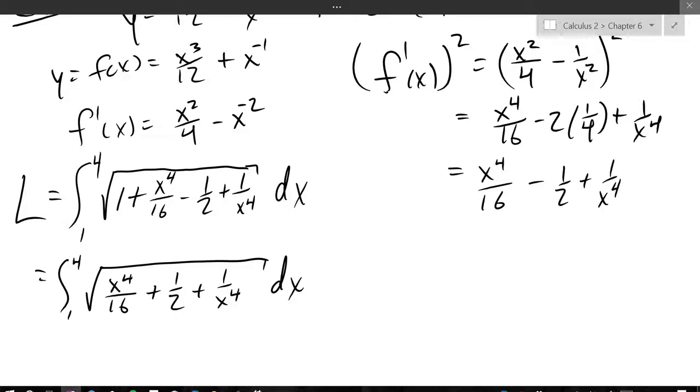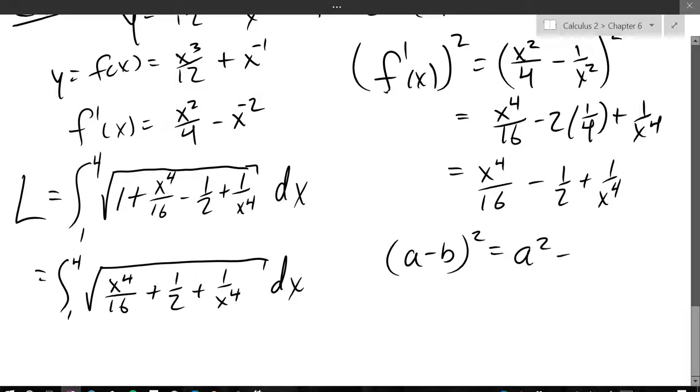So what we did up here, this f prime squared, let's think about that. That was basically a minus b squared, which is a squared minus 2ab plus b squared. That's a fast trip down memory lane. Algebra 1, Algebra 2, somewhere in between those two classes.